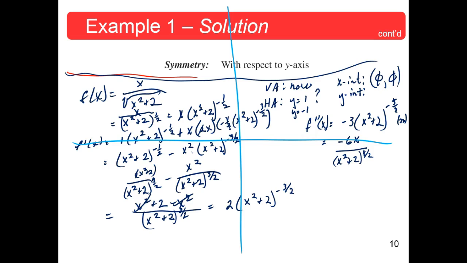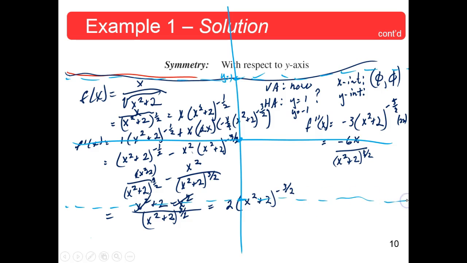We have (0, 0) as our point of inflection, and let's put y equals 1 as our horizontal asymptote, we think, and y equals minus 1 down here as our second horizontal asymptote.